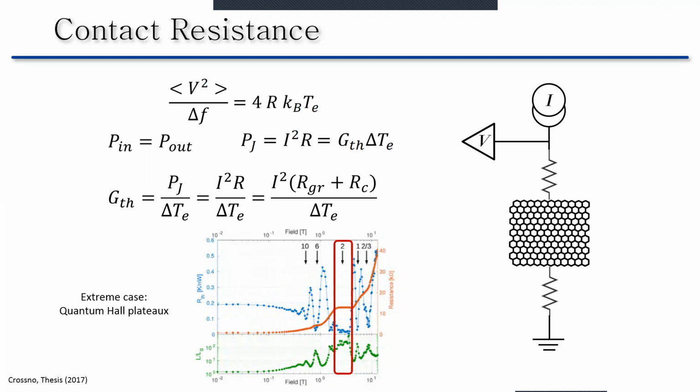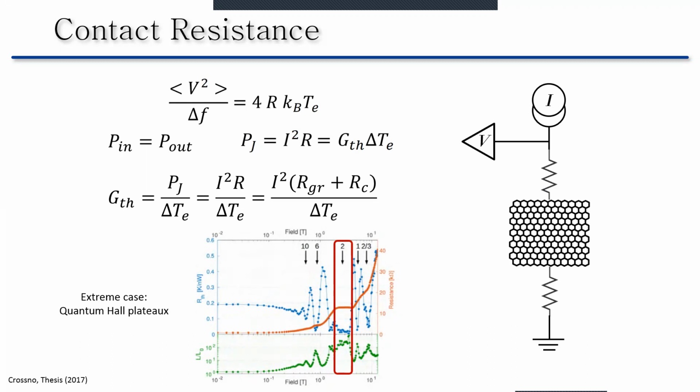Now that isn't physical, because the thermal conductance of electronic edge states has been measured in a few systems, including graphene, and it's known that these edge states carry a quantum of thermal conductance. So if you have nu=2, you should have 2 thermal conductance quanta. So this is an artifact of the fact that our voltage drop is actually no longer happening in the graphene channel. Now, we're not in the quantum Hall regime. We're at, let's say, B=0.